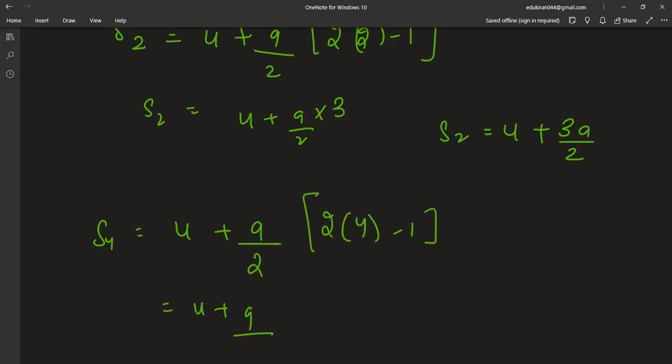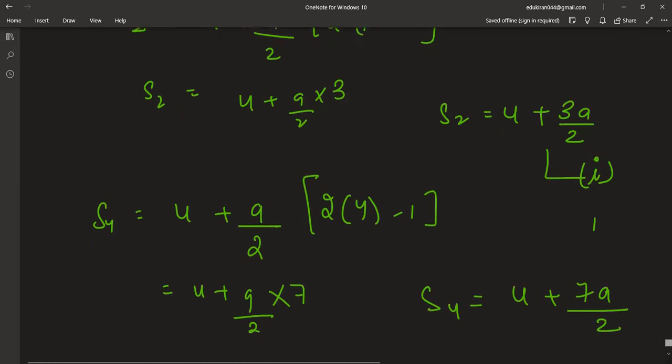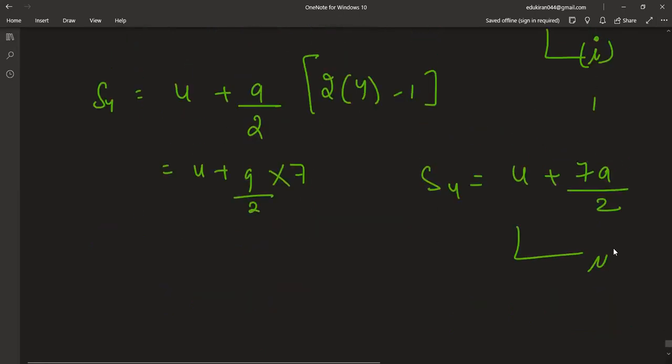That is u plus a by 2, 2 into 4 is 8, 8 minus 1 is 7. So S4 will become u plus 7a by 2. So this is the first equation that you have in your system. And this is the second equation that is there in your system.